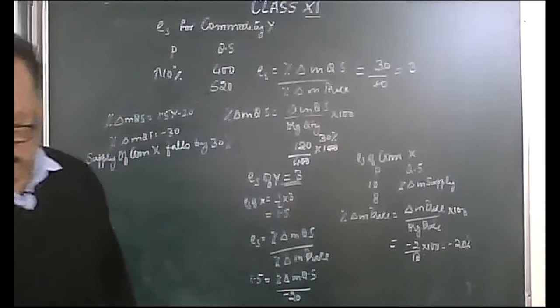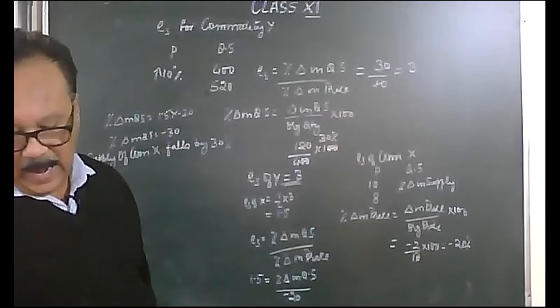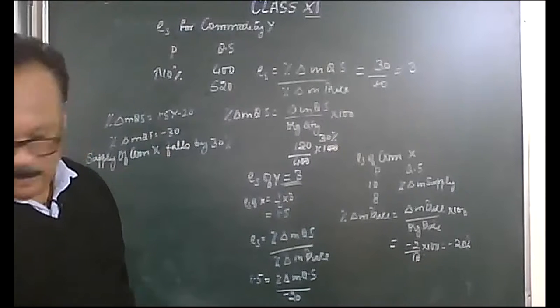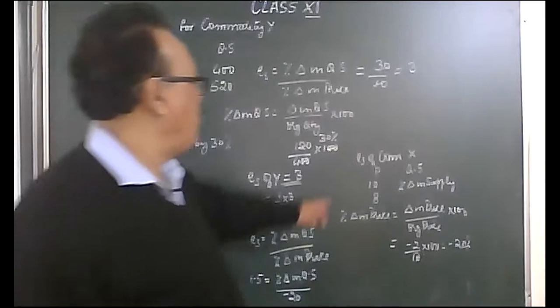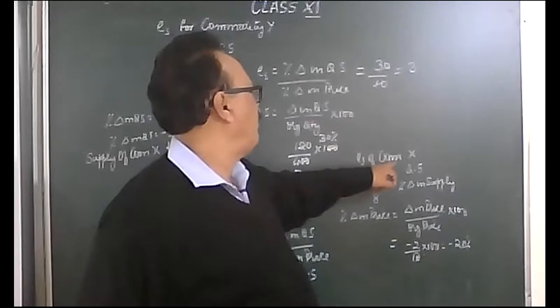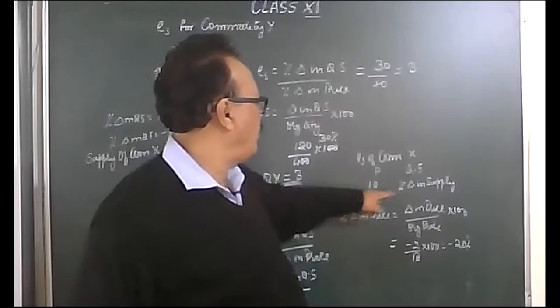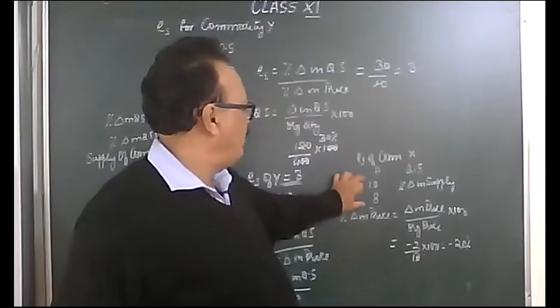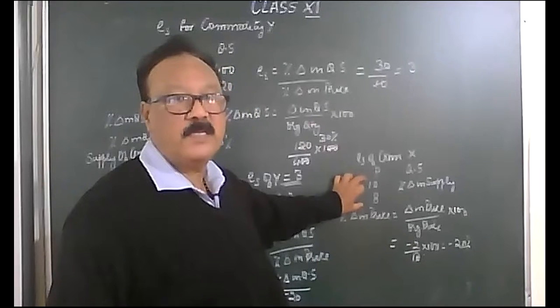Right? Now this is not over. The question goes on to say, calculate the percentage change in the quantity supplied when the price falls from 10 to 8. So the elasticity of commodity X, when the price falls from 10 to 8, find the percentage change in supply. We have the values of price, we will find the percentage value.